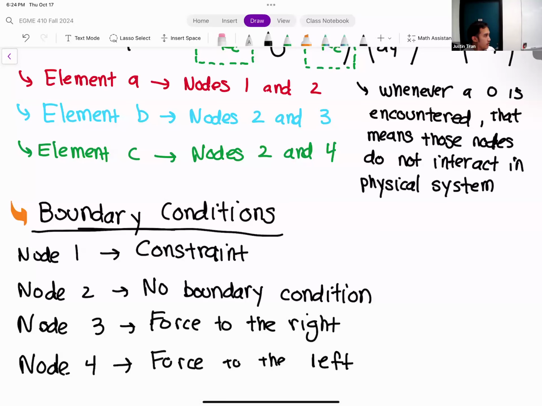Okay. So we actually have quite a few boundary conditions to apply here. We have one constraint type boundary condition, two load type boundary conditions, and one no boundary condition. Okay, so let's start from the top here. Let's start with the constraint type boundary condition on node 1. Let's remind ourselves what we do when we have a constraint type boundary condition.